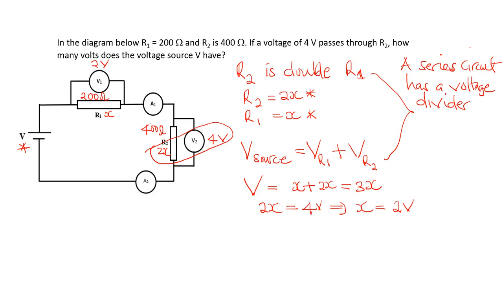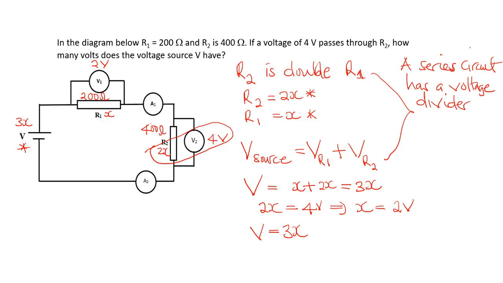Now the voltage source is 3x, as we have seen here that V is equal to 3x. So this is 2x, this is x, but this is 3x, because the voltage source is the addition of voltage from R1 and voltage from R2.